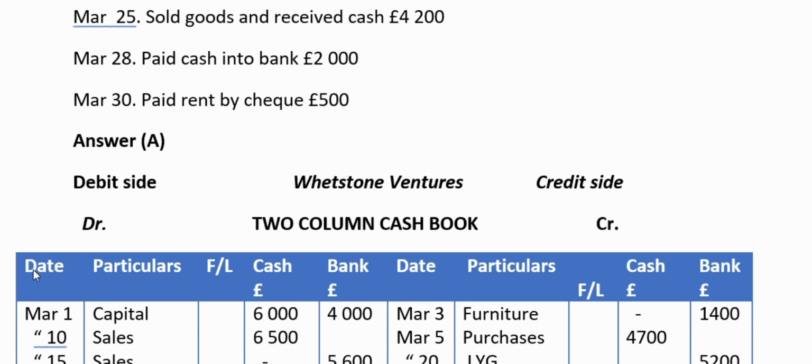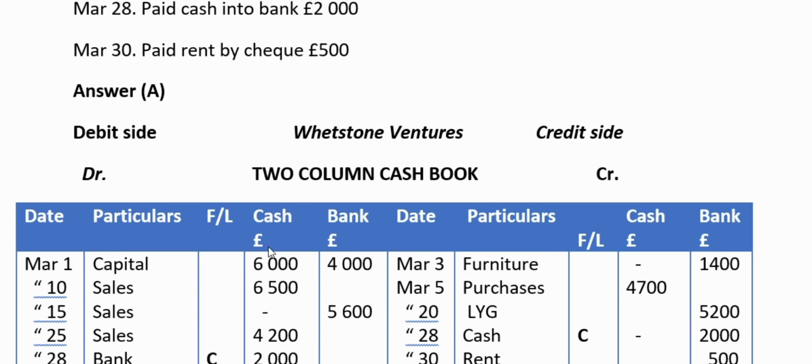At the heading we have the name of the company, Westone Ventures, 2-column cash book, and we have the left hand side and the right hand side. We have date, particulars, folio, cash, bank, and on the right hand side we also have date, particulars, folio, cash, and bank.